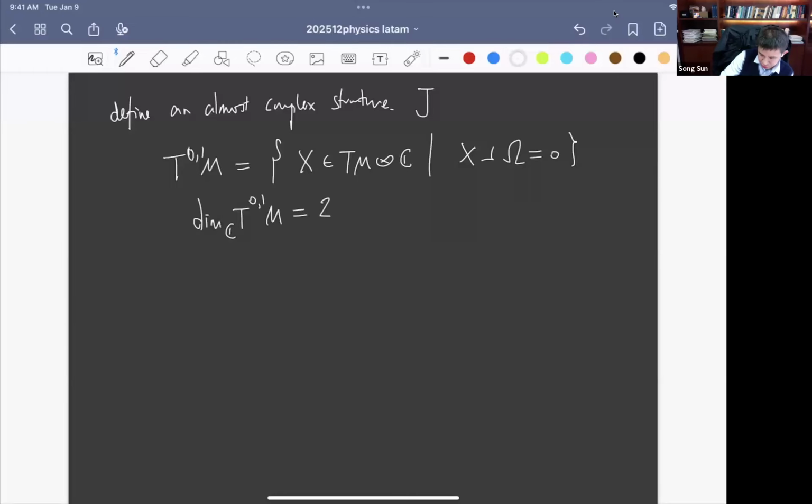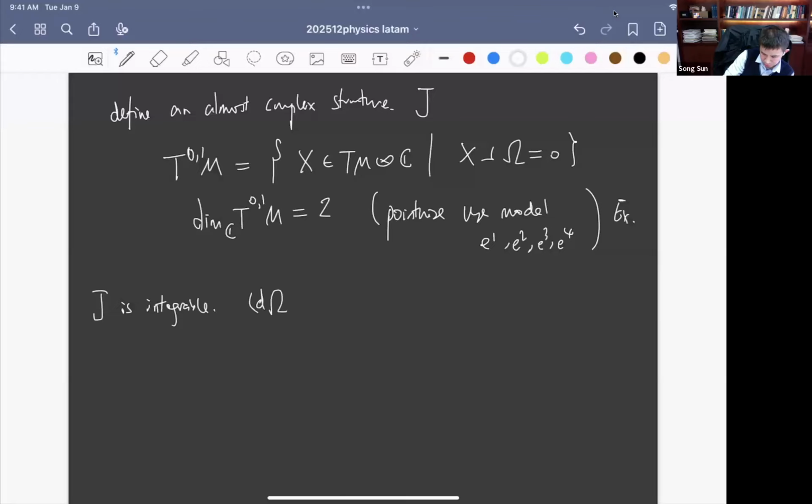This is just pointwise, use the model. Because again, I write this as E1, E2, E3, E4. You can just check, this is linear algebra, an exercise. But then the point is, we claim this is integrable, and this is because omega is closed.